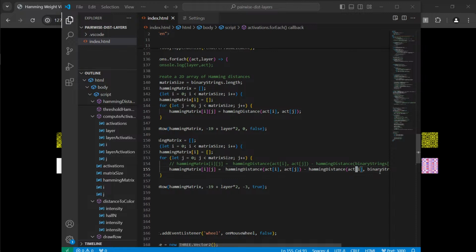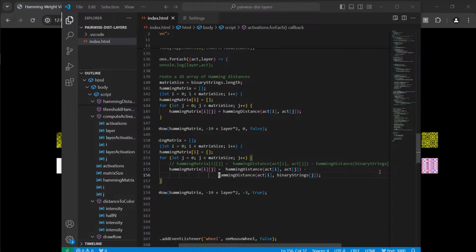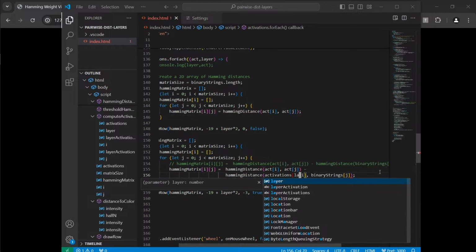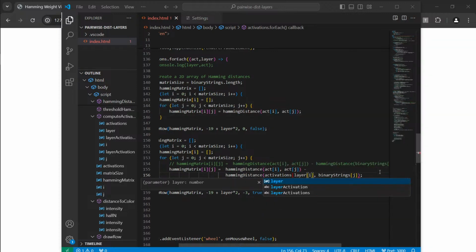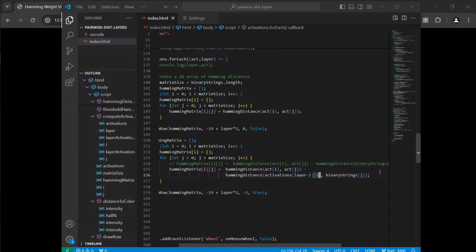You're gonna have to say activations layer, make layer, that's not right. Activations. This one, J. Is that cool?